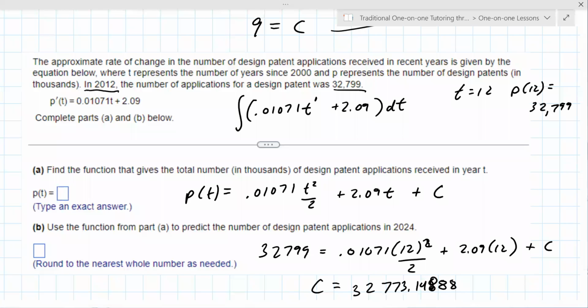Tens of thousands. Just wondering if there's one of these weird, like we're supposed to multiply by 1,000 somewhere. T represented time, P represented patents in thousands.